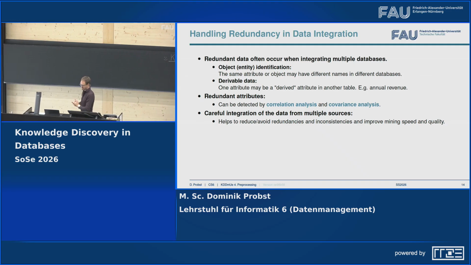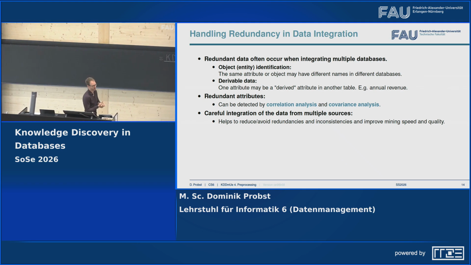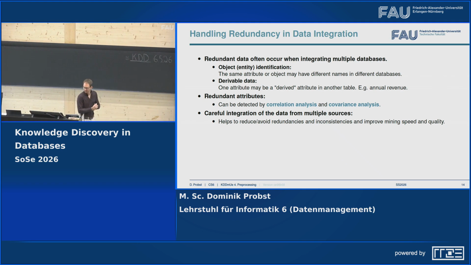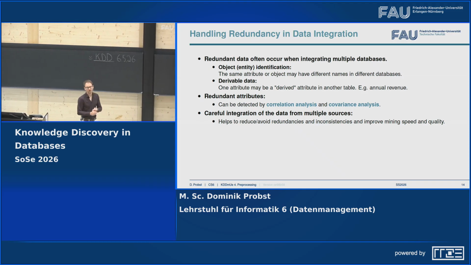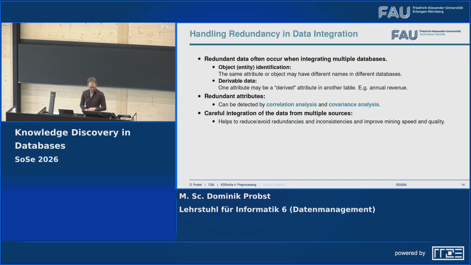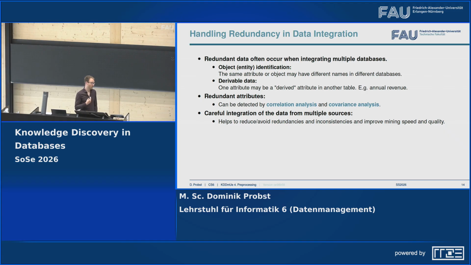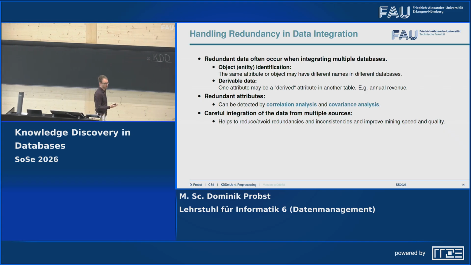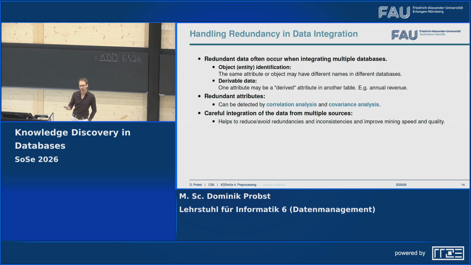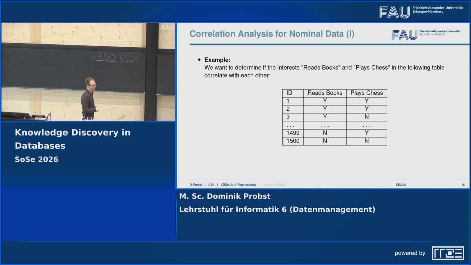To detect redundant attributes, we have something called correlation analysis or covariance analysis, which can be used to identify potential candidates for redundancy and which can be handled later on. And it's one of the important steps you should always do if you integrate multiple sources into one data source. Correlation analysis, there are multiple different correlation analyses.